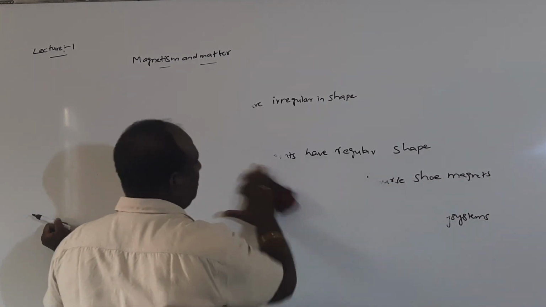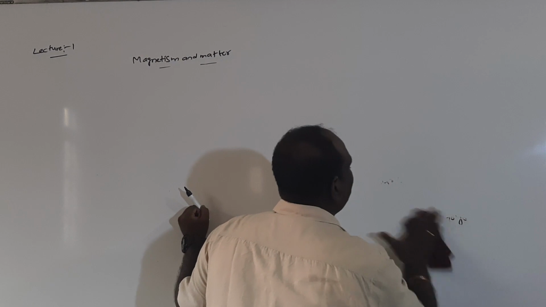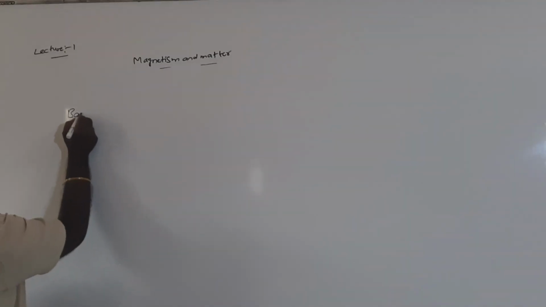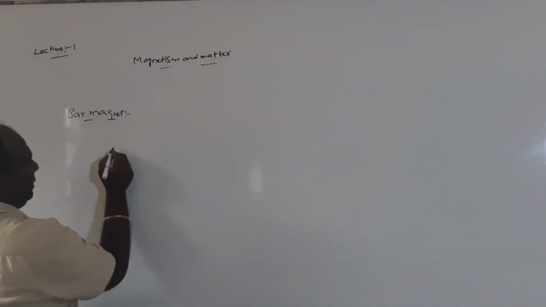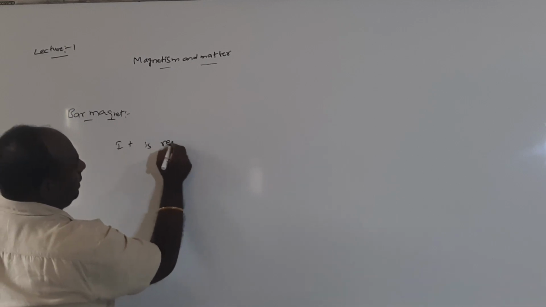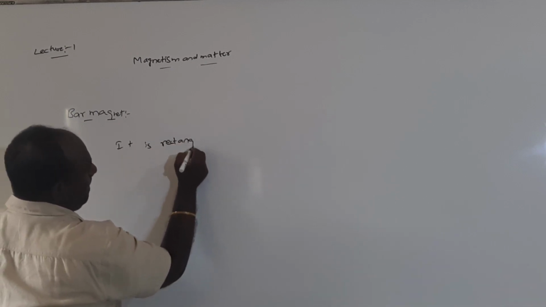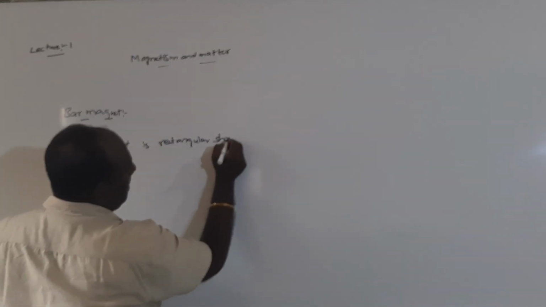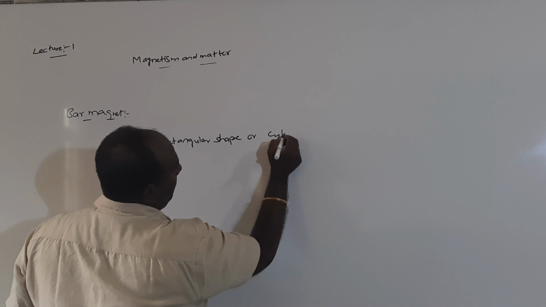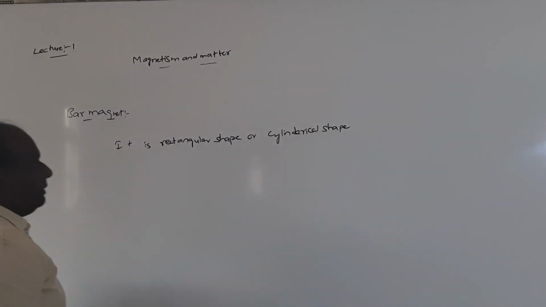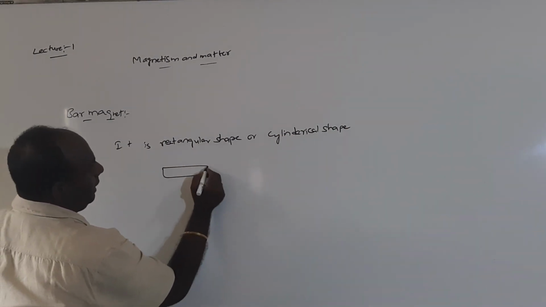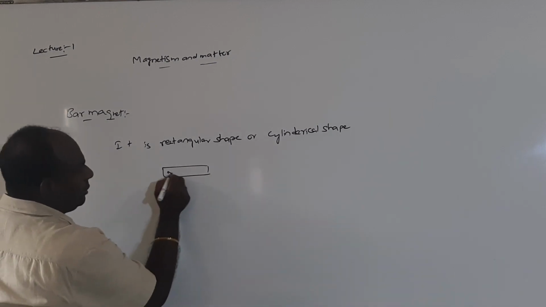A bar magnet is rectangular or cylindrical in shape. The two poles are the north pole and south pole.